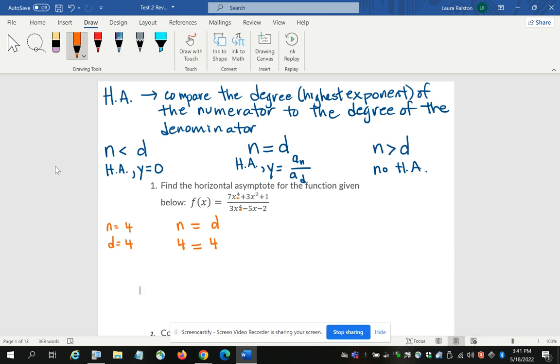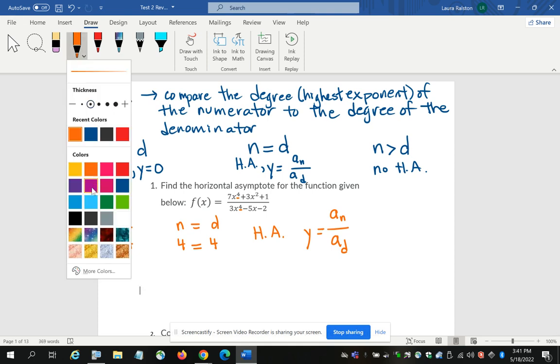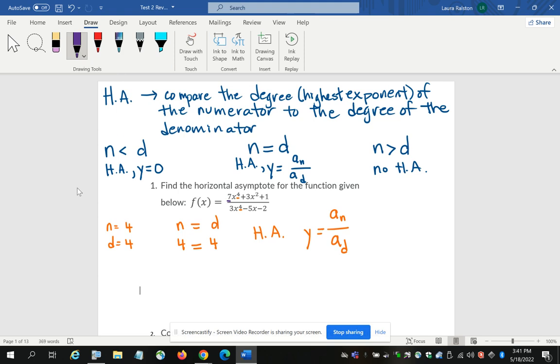Since the numerator equals the denominator, there is a horizontal asymptote, and it's equal to the ratio of the leading coefficients, the numbers in front of the highest exponent. So that would be 7 over 3. My horizontal asymptote for this function would be y equals 7/3.